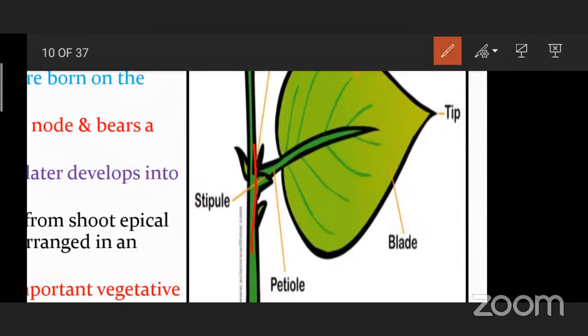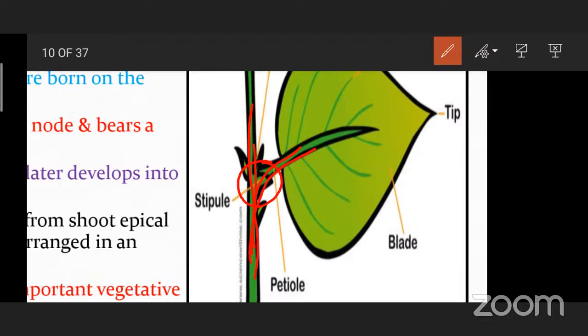It develops at the node region and bears a bud in its axil. The axillary bud later develops into a branch. The leaves originate from the shoot apical meristem. They are arranged in acropetal order.